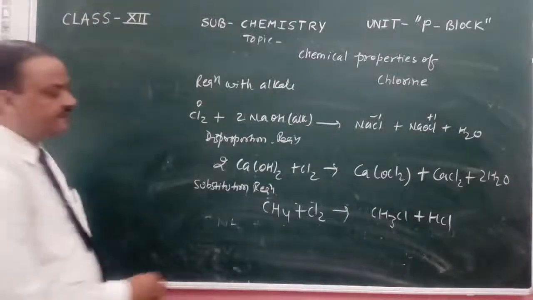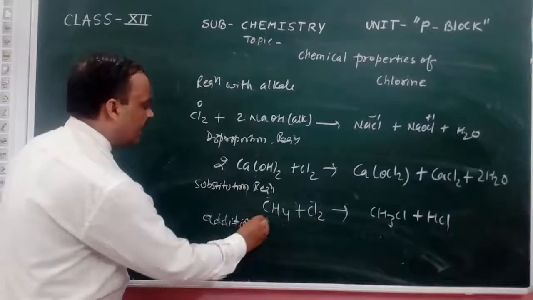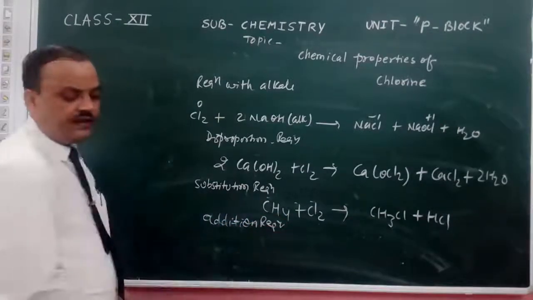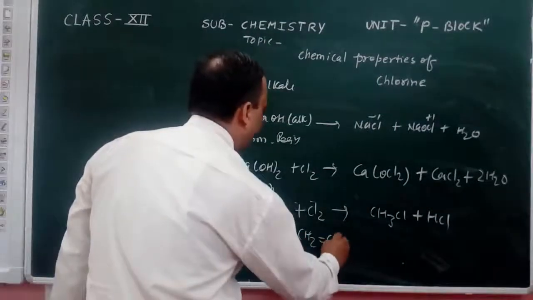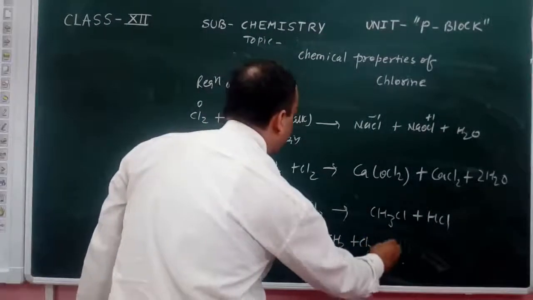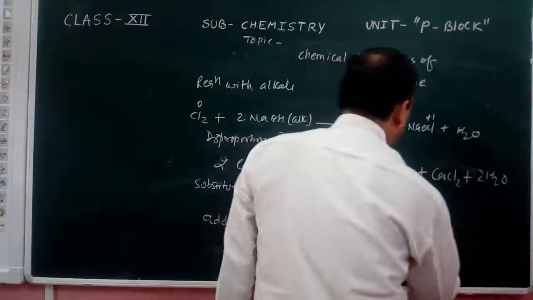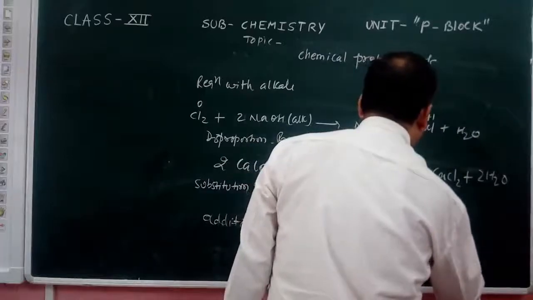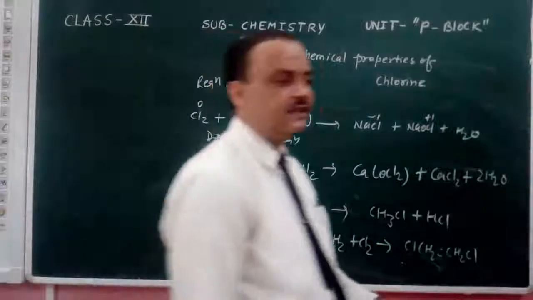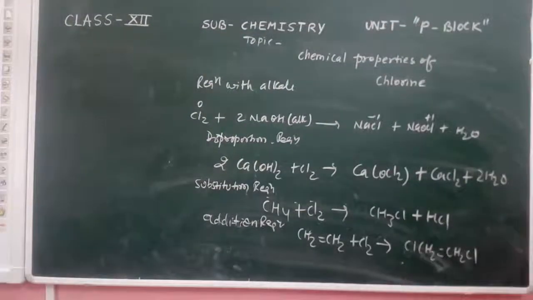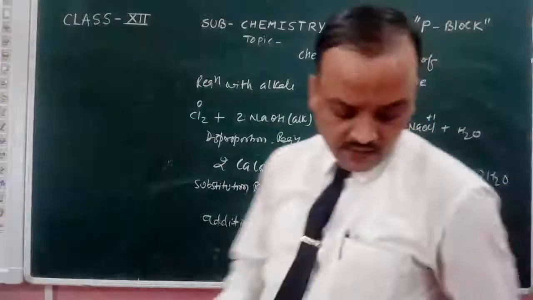In addition reaction, we have CH2=CH2 plus Cl2, and we get ClCH2-CH2Cl in this manner. So these are some general reactions shown by chlorine.